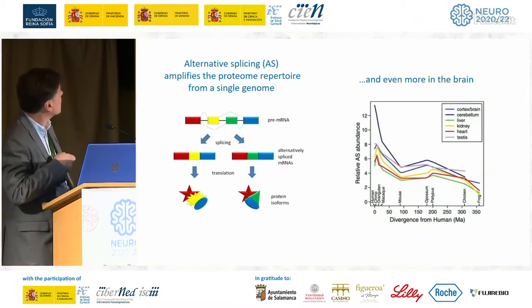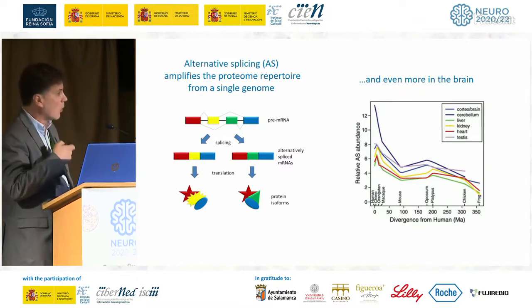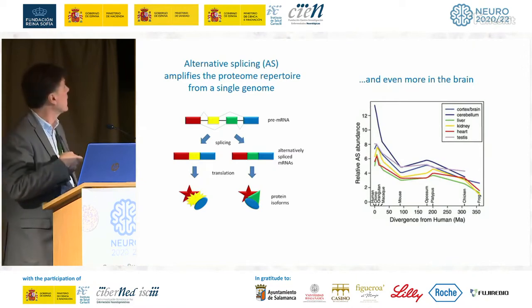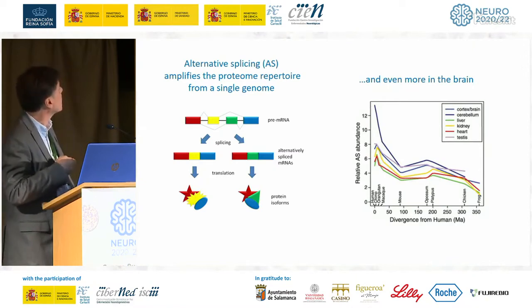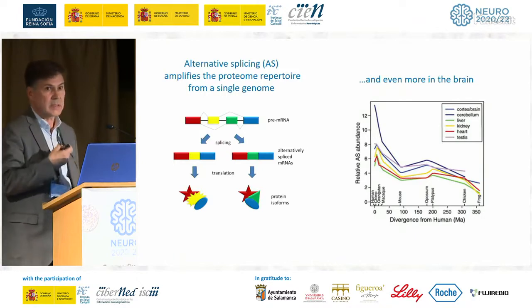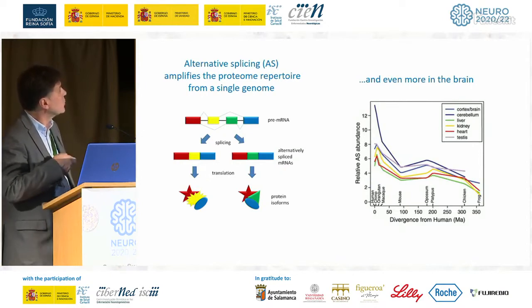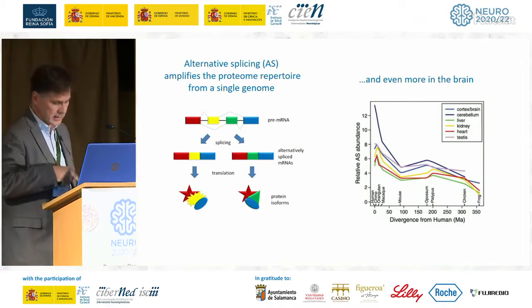That means that not always all the coding sequences are included, or they are included in different ways. And by doing this, the cell gets a bigger proteome repertoire from a single genome. This phenomenon of alternative splicing increases along evolution, and particularly in the brain.